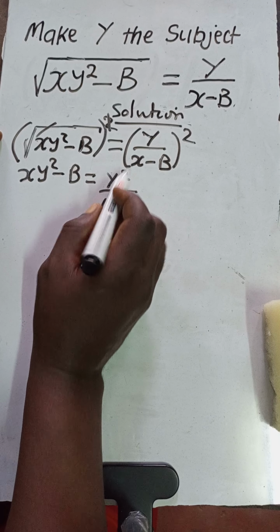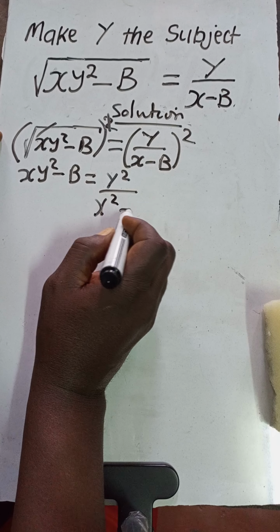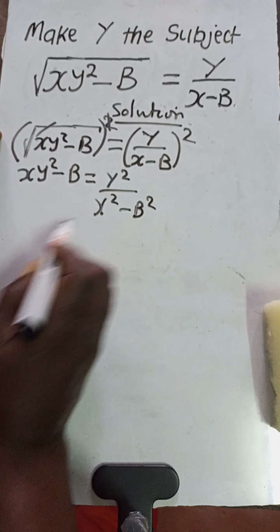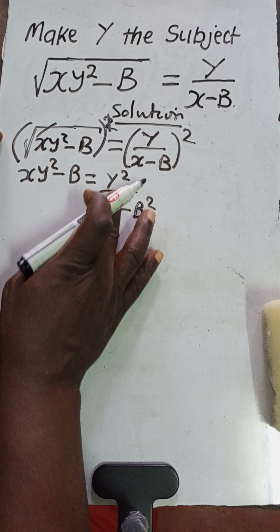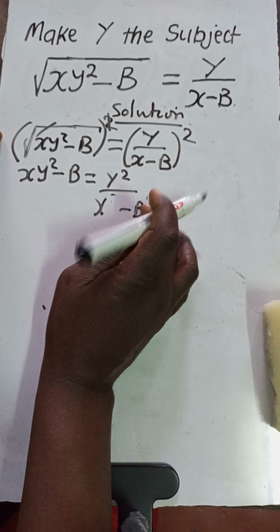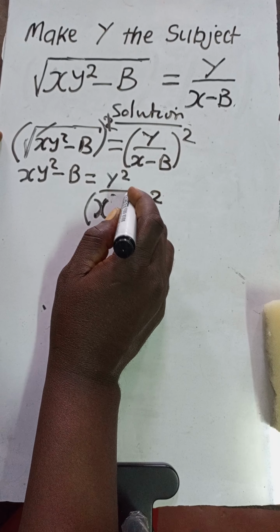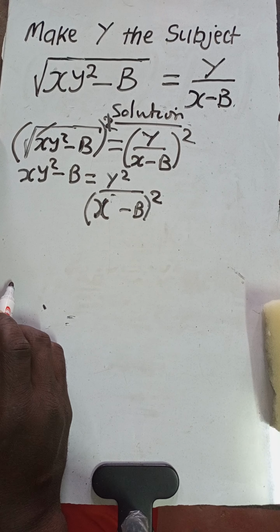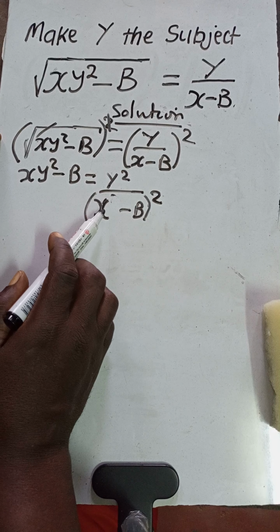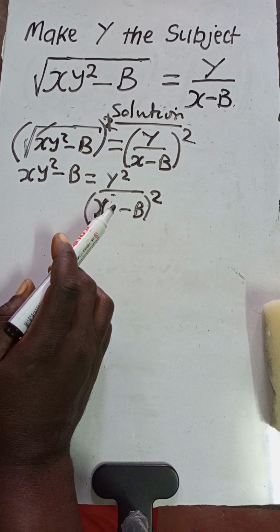We do not say x squared minus b squared. No, that is wrong. It is x minus b all squared. Very, very important. It is x minus b all squared as a block.